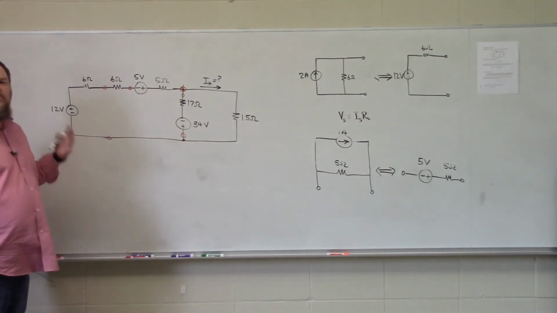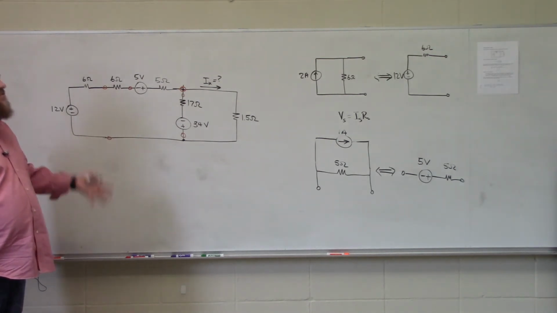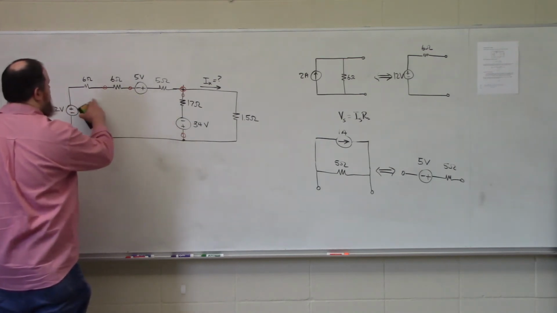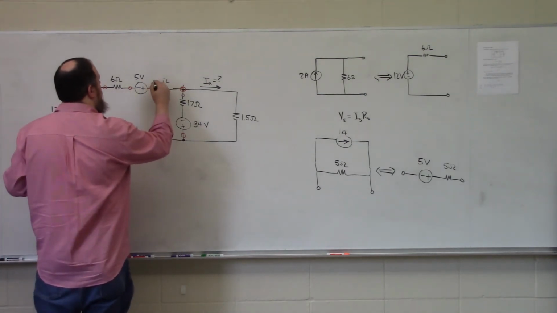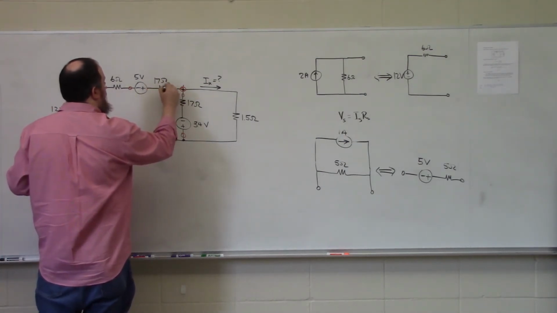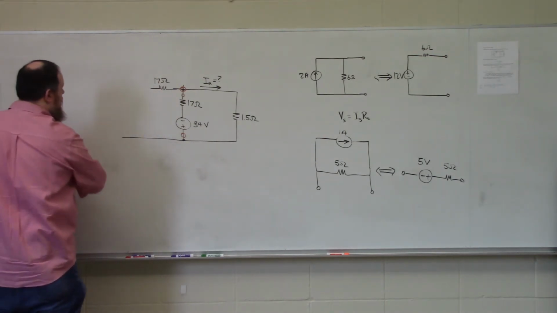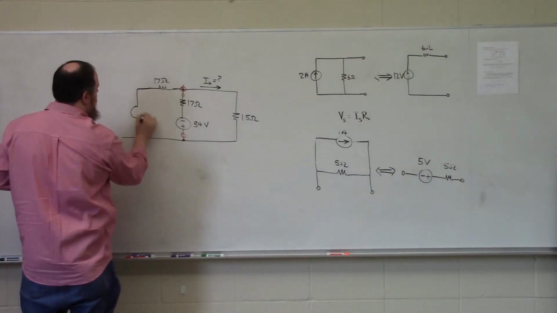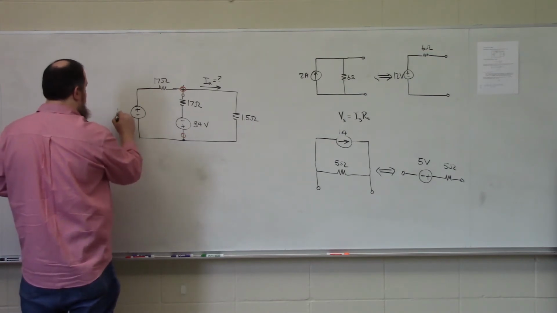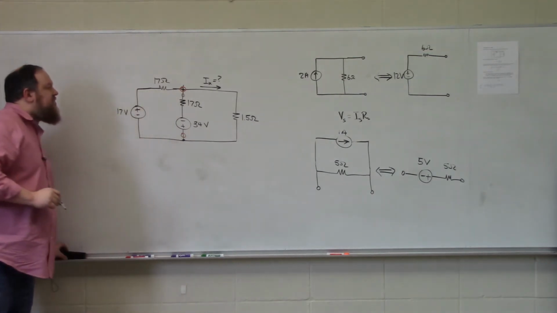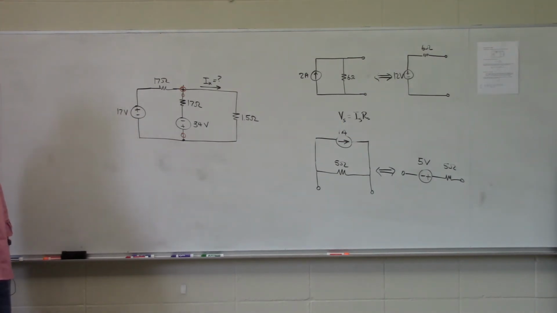I'm just using source combination techniques for voltage sources in series and resistor combination techniques for resistors in series. 12 plus 5 is 17. And so this is a significantly simplified representation of the circuit that we had.